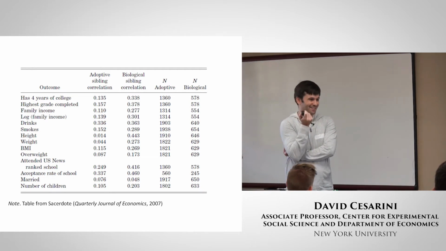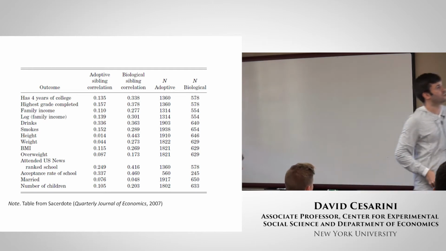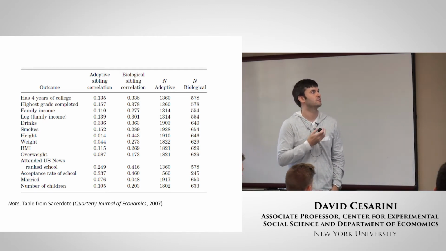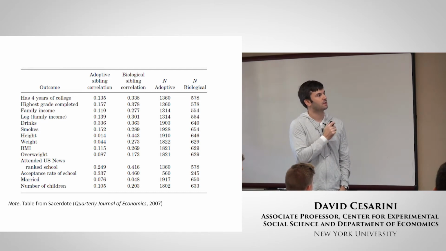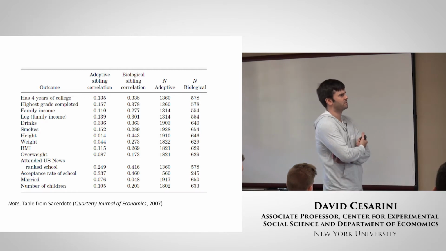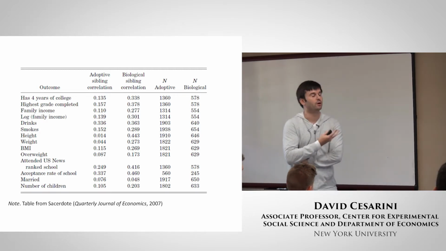If you wanted to get an estimate of heritability, you would just subtract this number from that number, and then you'd have to multiply by 2, right? You have to multiply by 2 because they only share half of the additive genetic variance under the assumptions. So that's how adoptees can be used to generate reasonable estimates of the variance components.